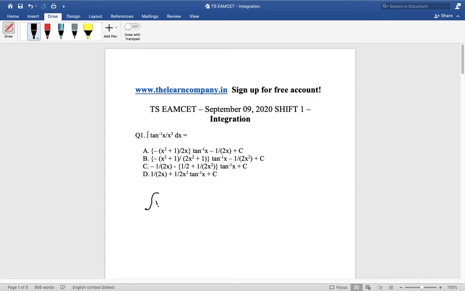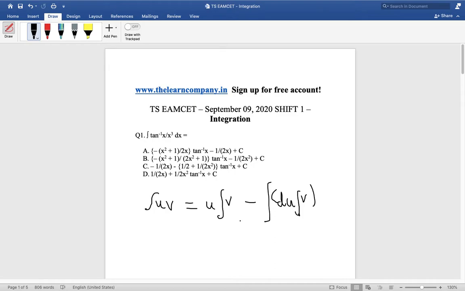As we all know, the integral of uv is equal to u into the integral of v minus the integral of the differential of u into the integral of v. Now this whole is also integrated.